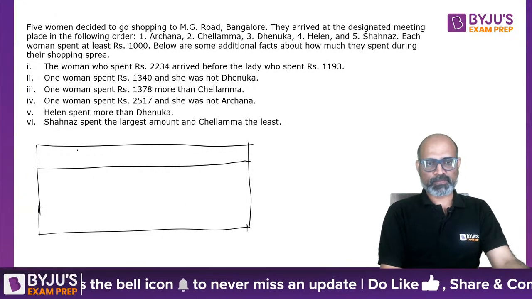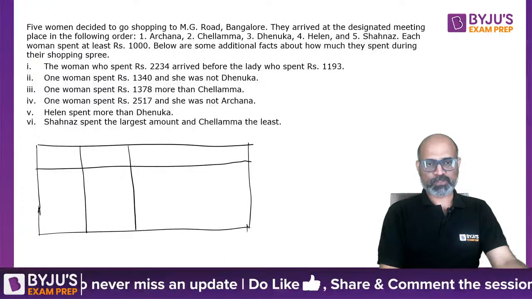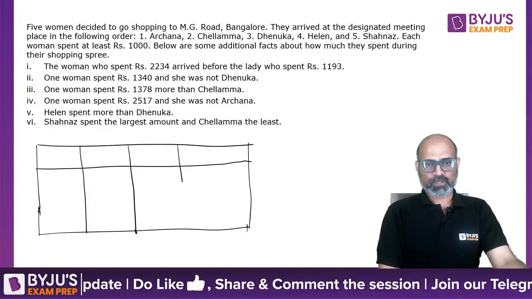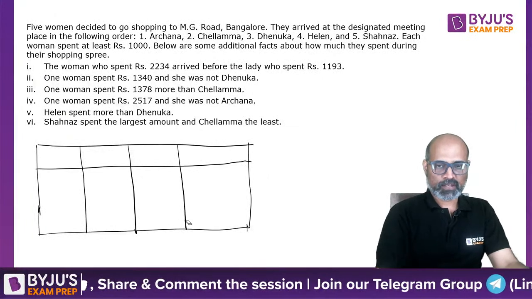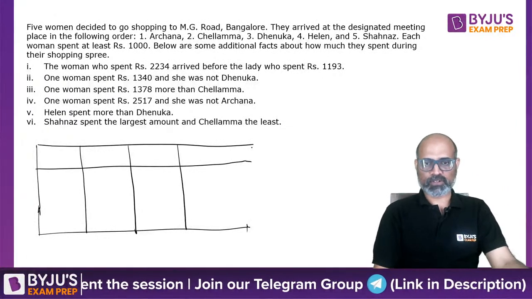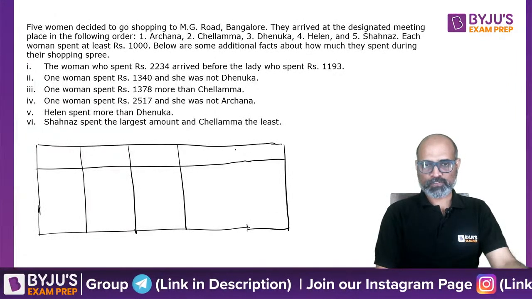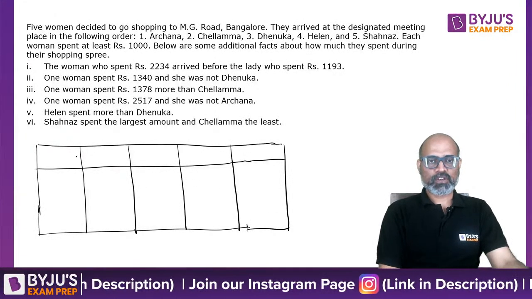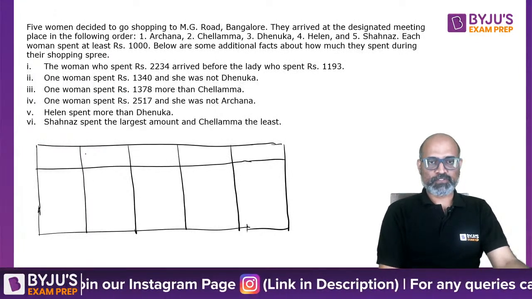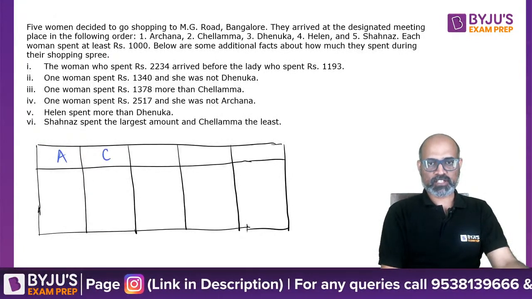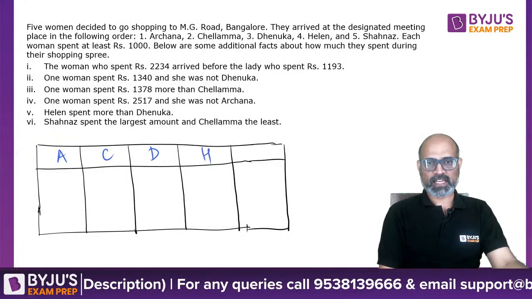We need 5 people, so I will put in 5 columns, 1, 2, 3, need a longer row, 4 and 5. Now we do know that the first person is Archana, next is Chelamma, next is Dhenuka, then Helen and Shahnaz.